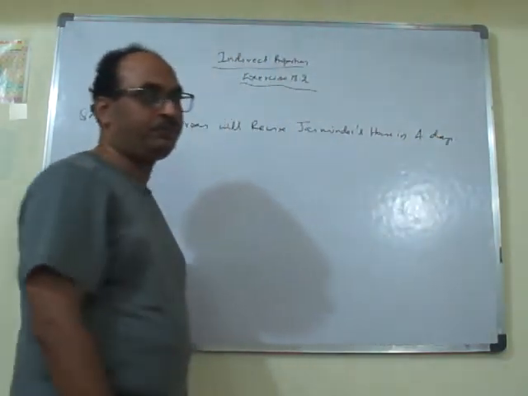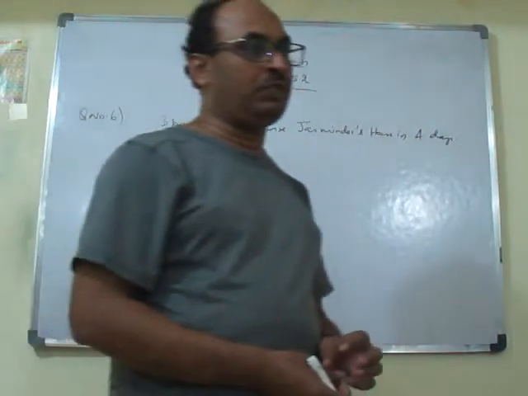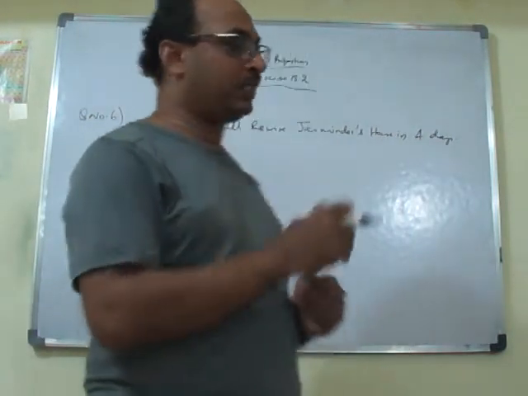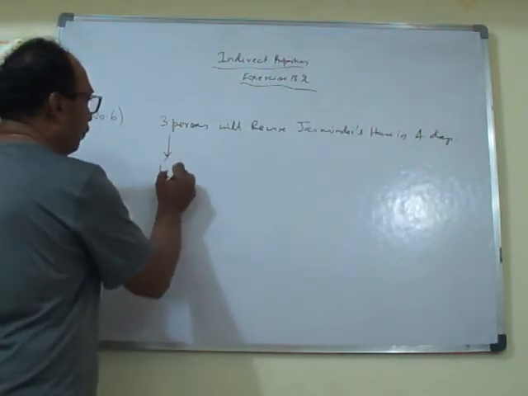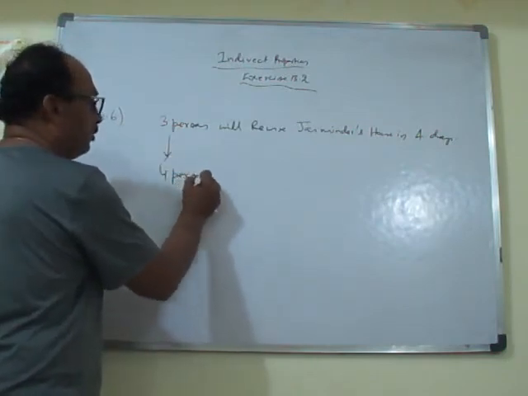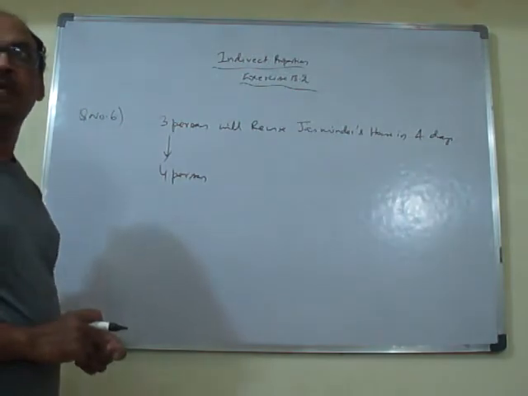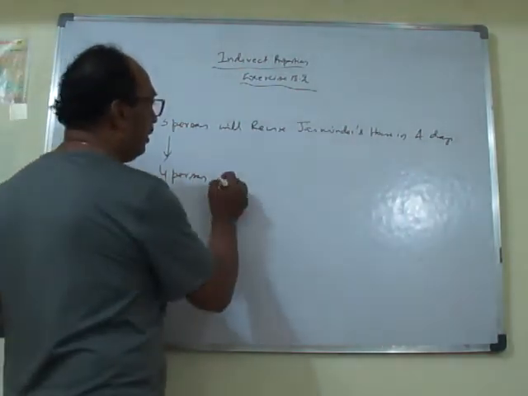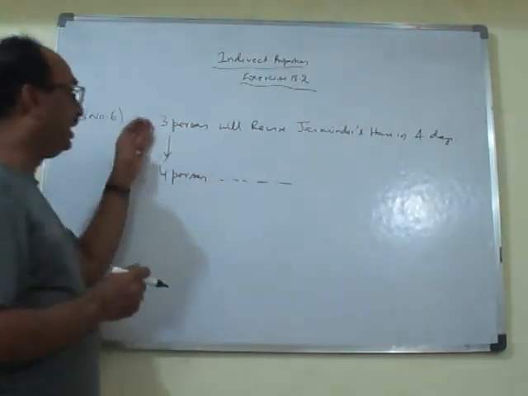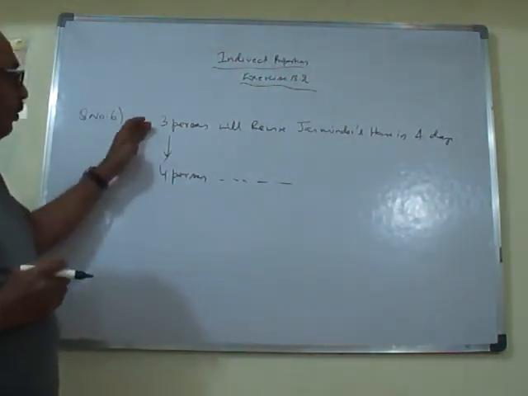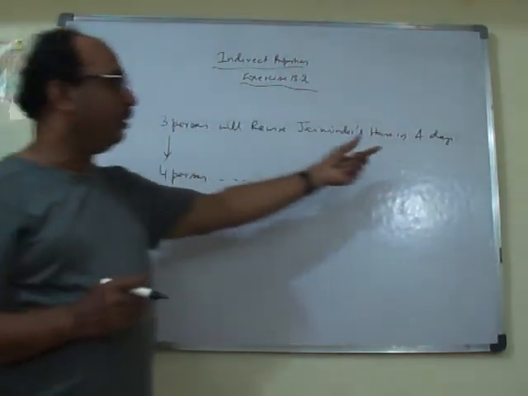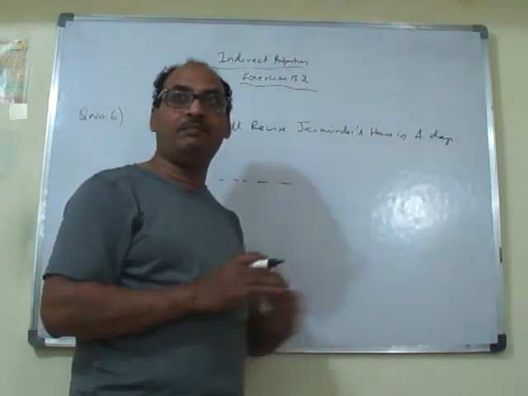In 4 days. If he uses 4 persons instead of 3, now 1 person will increase. So 4 persons. Here he has increased the persons. So naturally, when fewer persons were there, more days it was taking.